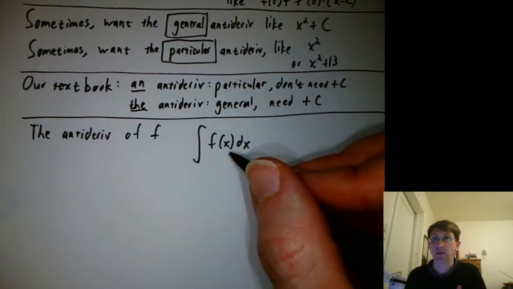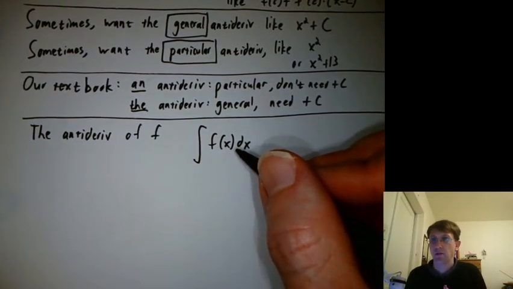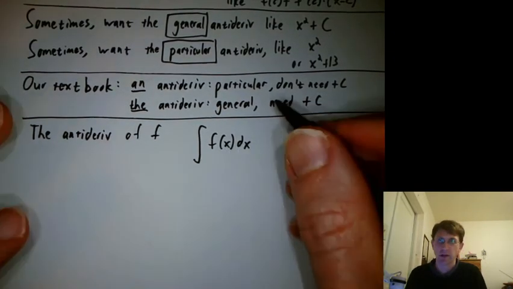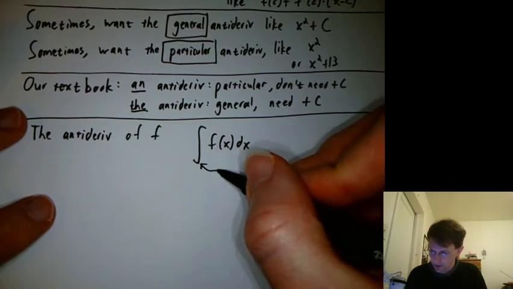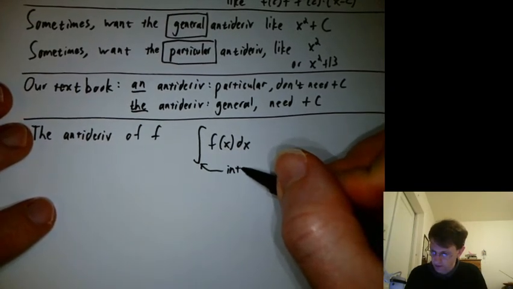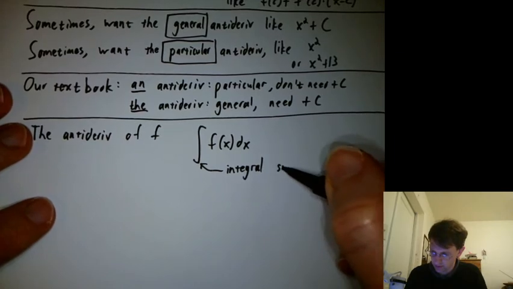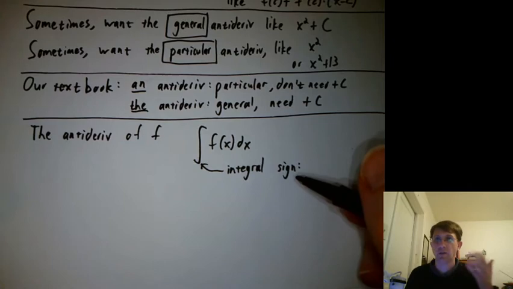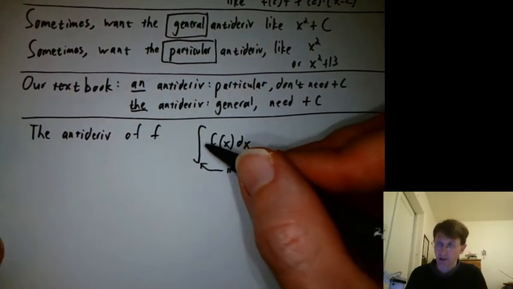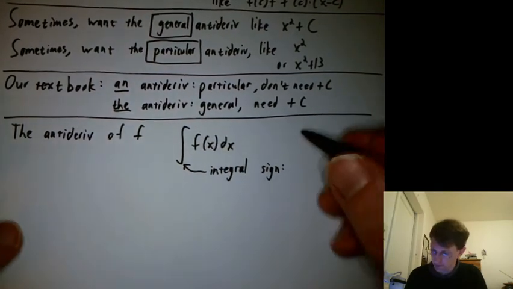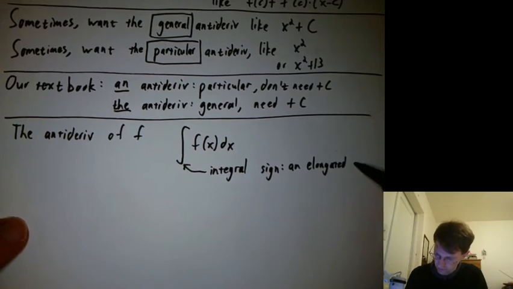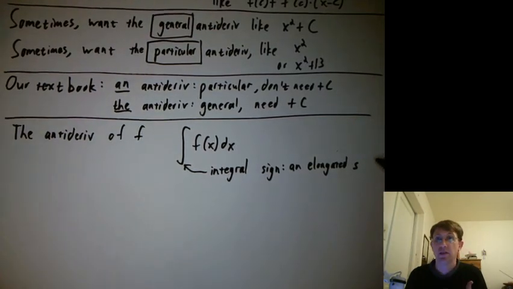We're really multiplying f of x times dx, so the units all have to work out and everything, but we'll talk more about it later. This thing right here is an integral sign. Sign not like positive or negative, but sign like stop sign, yield sign. It's something that says, hey, take the antiderivative. And it's an elongated S because it's related to summing.